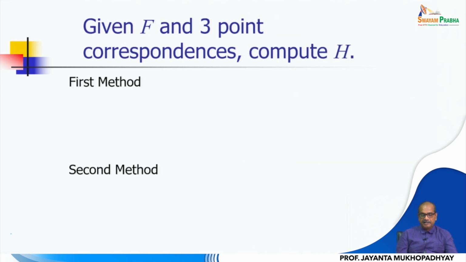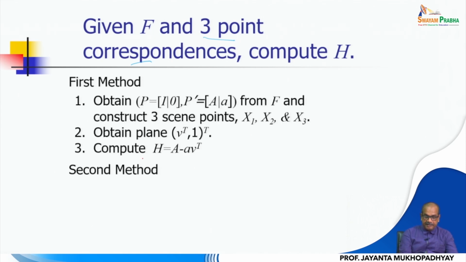There is another case, when you have only 3 point correspondences and also a fundamental matrix. Can you compute H, the plane induced homography? From 3 point correspondences, you can compute the respective x1, x2, x3 points. From there you can obtain a plane, because 3 scene points form a plane, and apply the derivation we discussed for computing the plane induced homography.